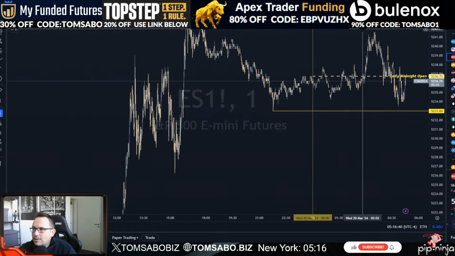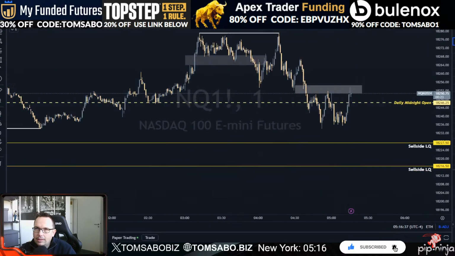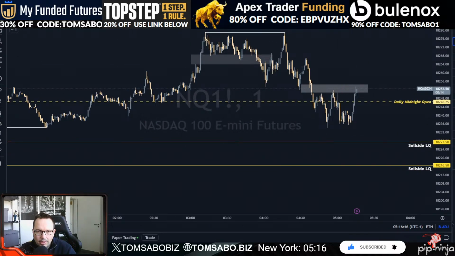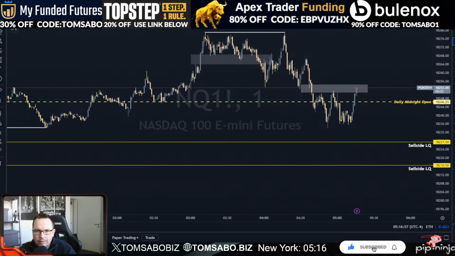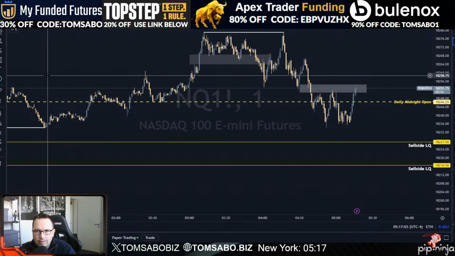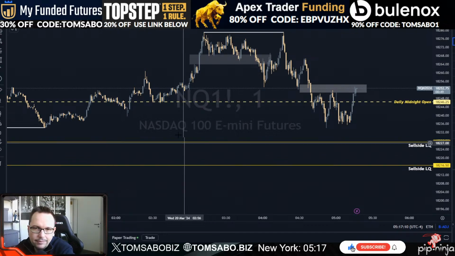If ES wants to continue higher, it can take all that liquidity from those lower highs. I wouldn't be surprised, that's for sure.